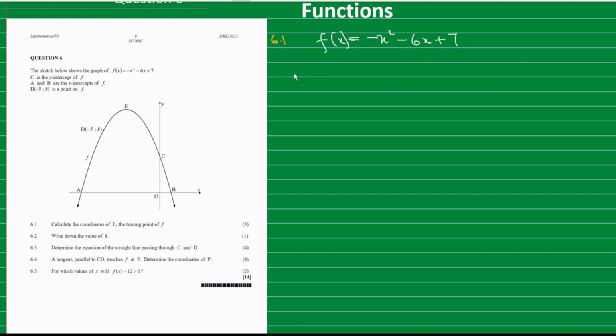To find the coordinates of the turning point, we need to find the x value first.